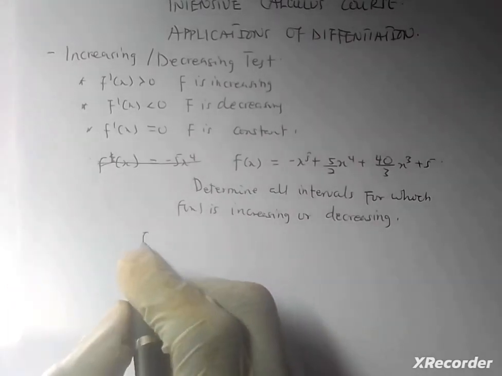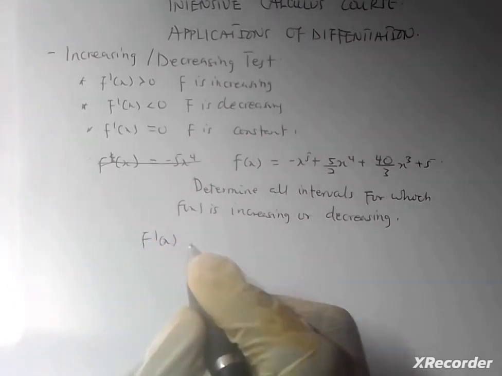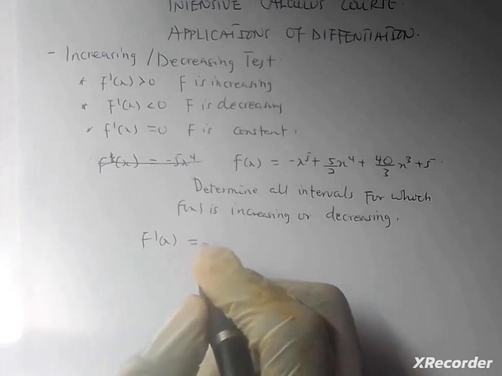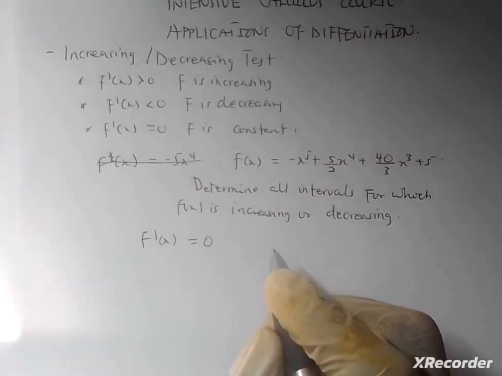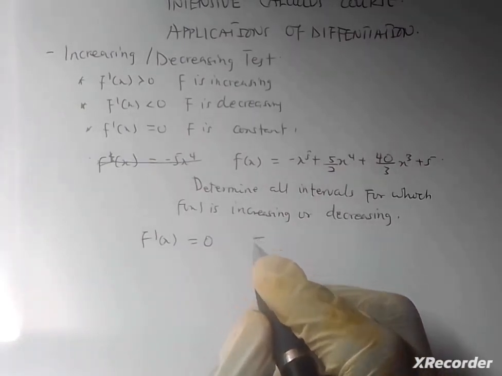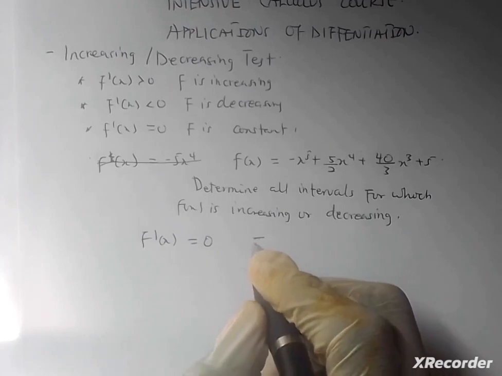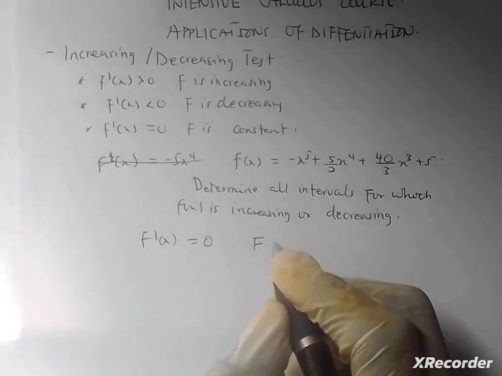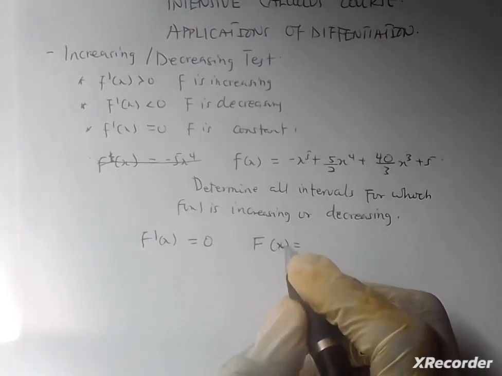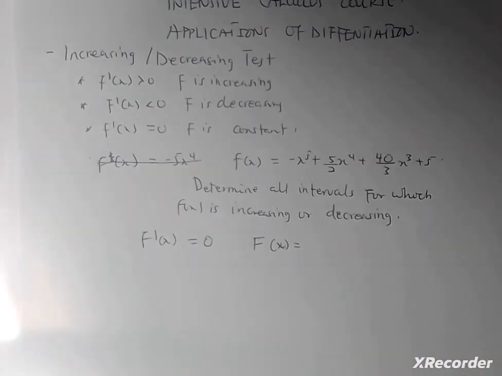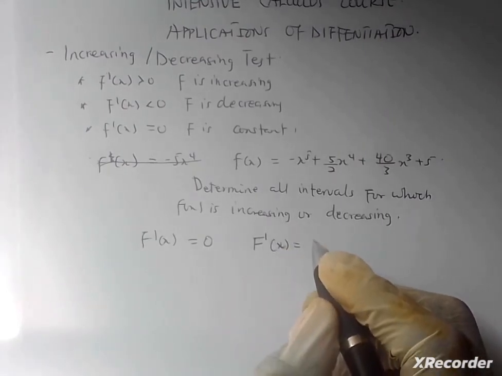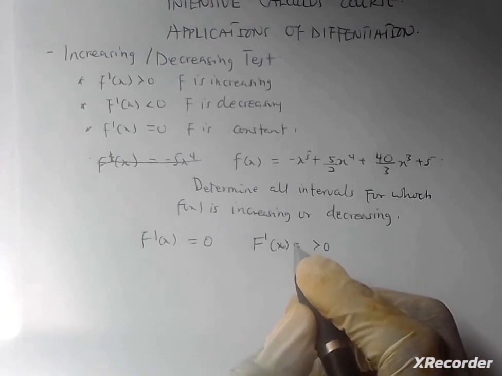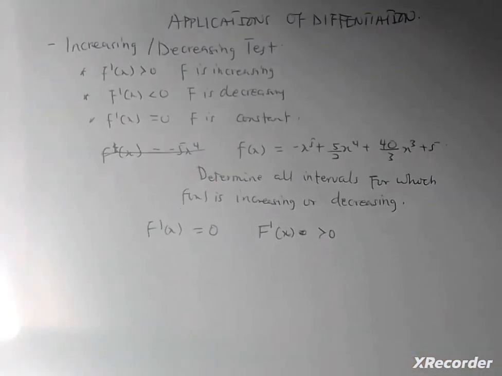In the stationary points, we said that f prime of x, the gradient there, is 0, that is stationary. But for the increasing, if f prime, the gradient there, is greater than 0, then you see that the function is increasing.